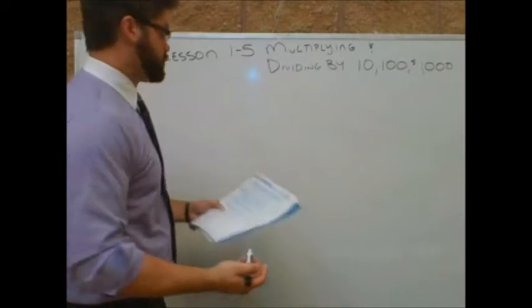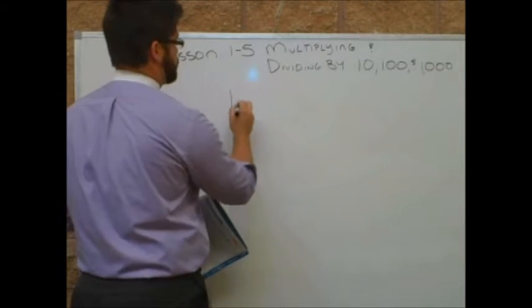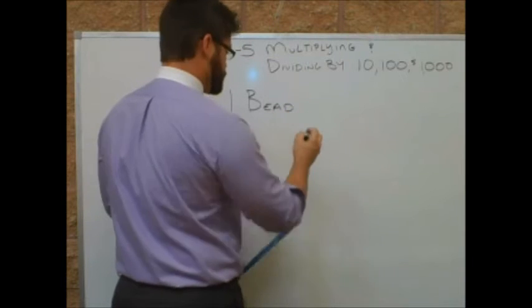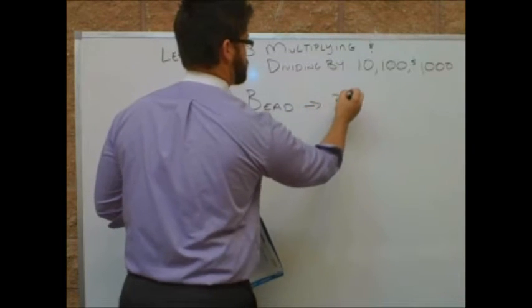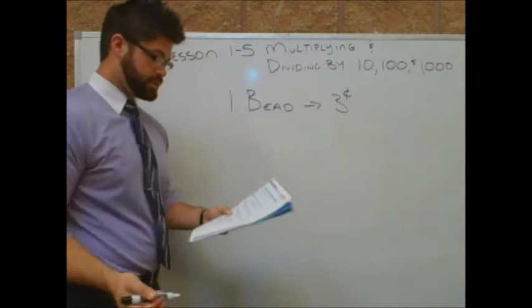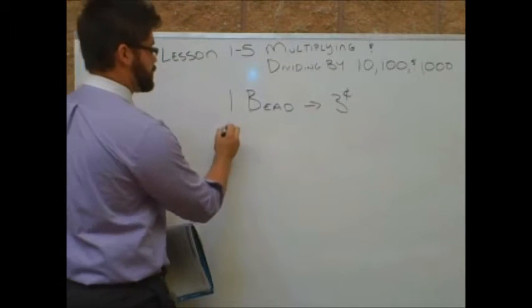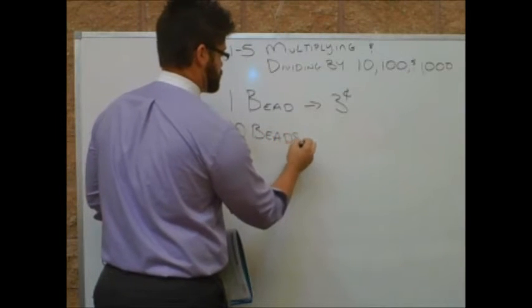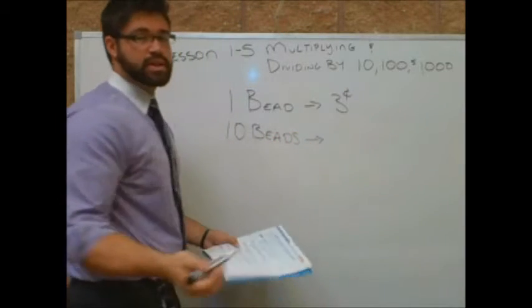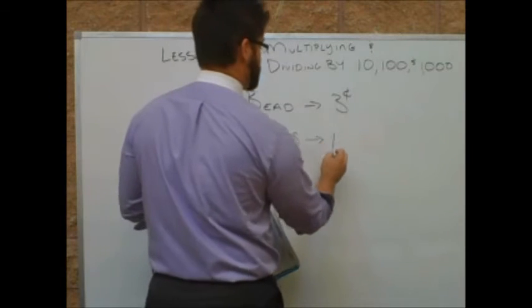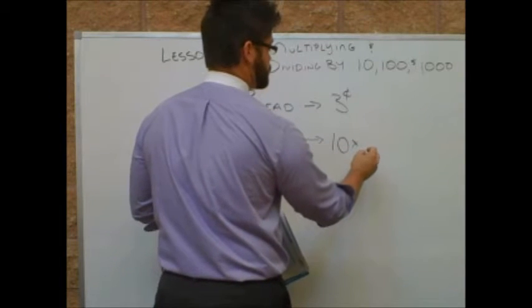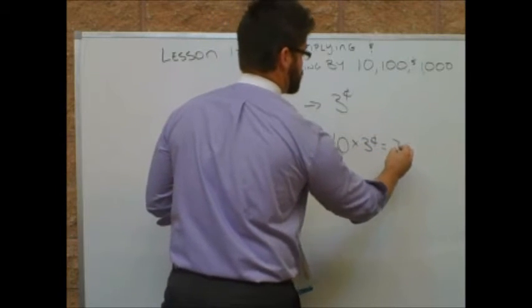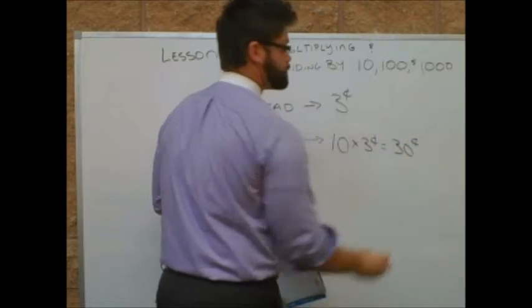Let's break down this problem. If you have 1 bead, that's going to cost you 3 cents. Now, if we want to look at how much 10 beads is, well, what's that going to look like? We're going to have to take 10 times 3 cents, and that's going to equal 30 cents.